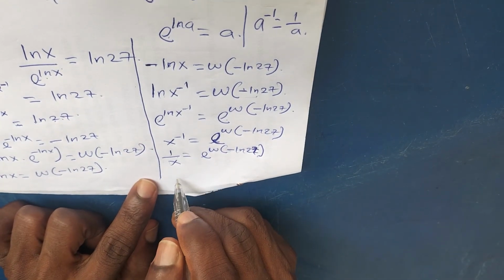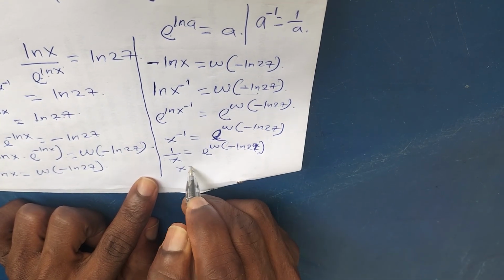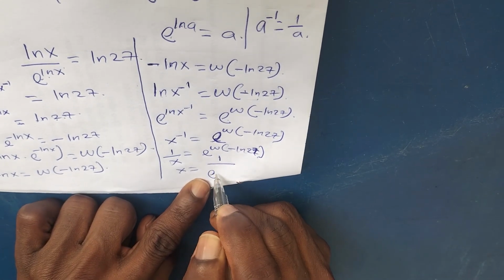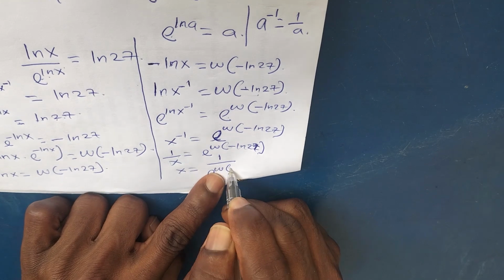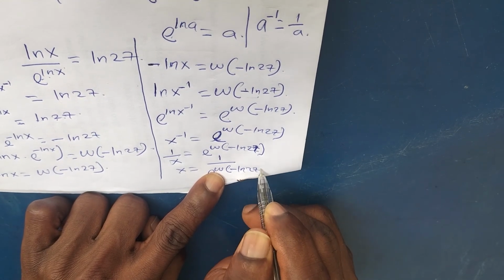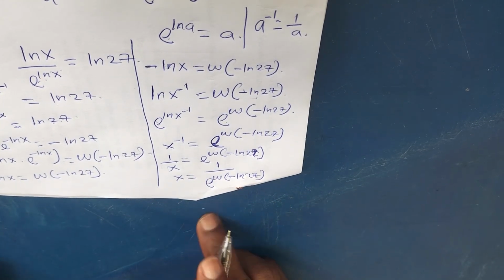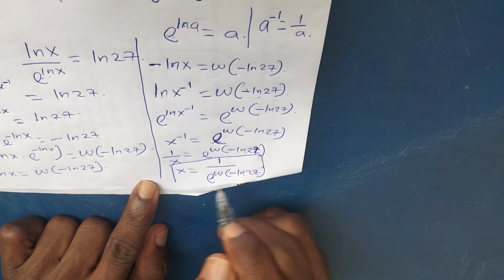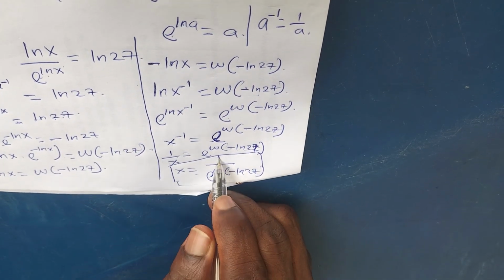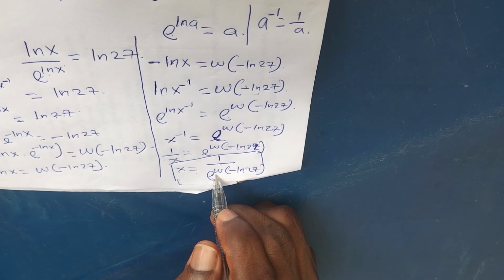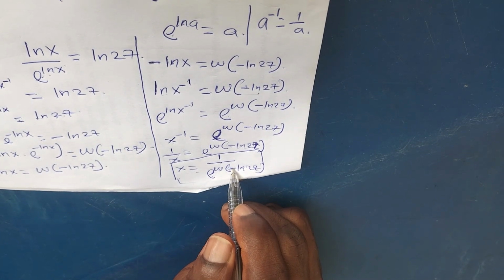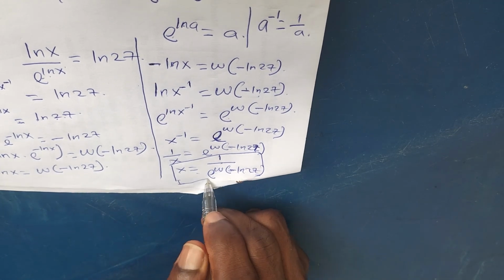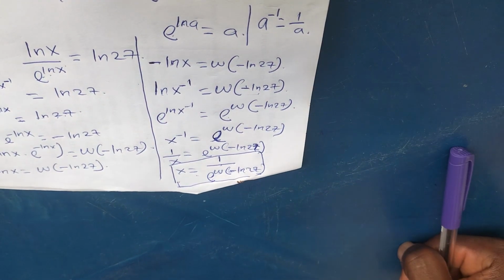And if we take the inverse of it, x equals 1 over exponent of the Lambert W function of negative ln of 27. So this is the value for x.